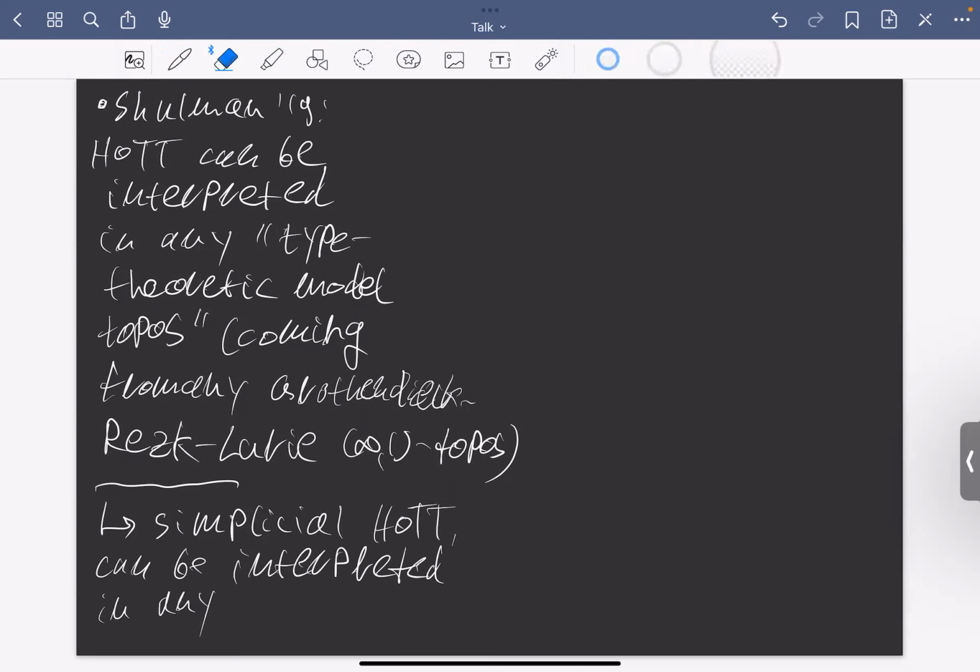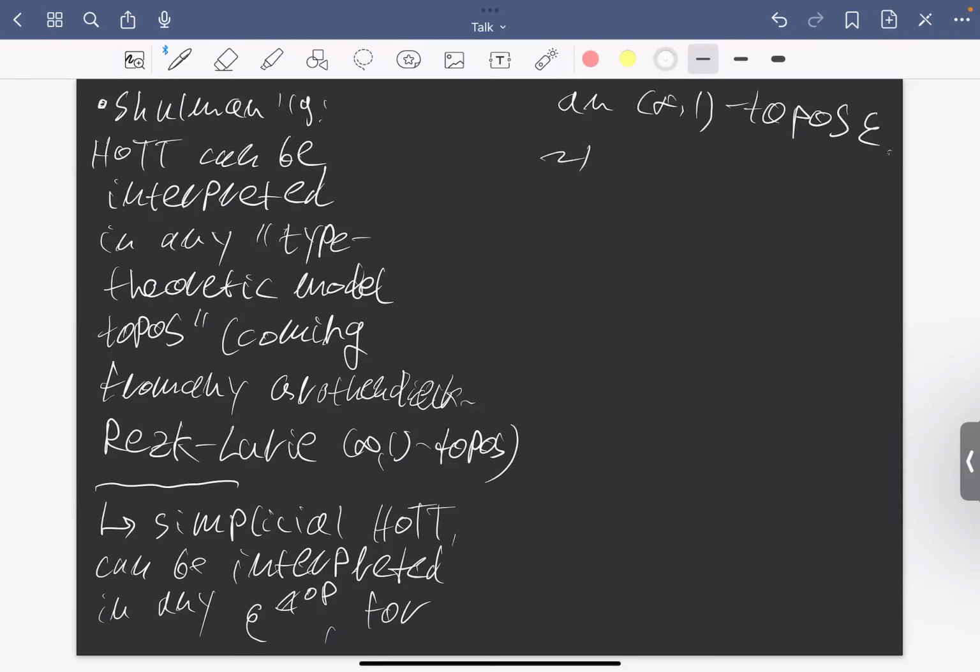infinity-one topos of the form simplicial objects in a given infinity-one topos. And what that means is that this simplicial HoTT gives a language to do synthetic internal infinity-one category theory.